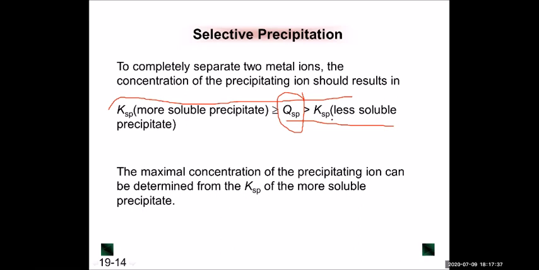As we can see, a lower value for Ksp means less solubility. So when you have that, this one will precipitate first. But we should avoid the other ions also precipitating. That means Qsp cannot be too big. It has to be no more than the Ksp of the more soluble compound.